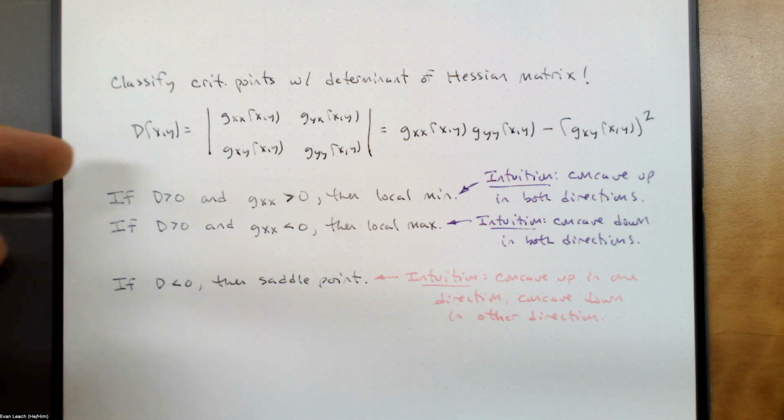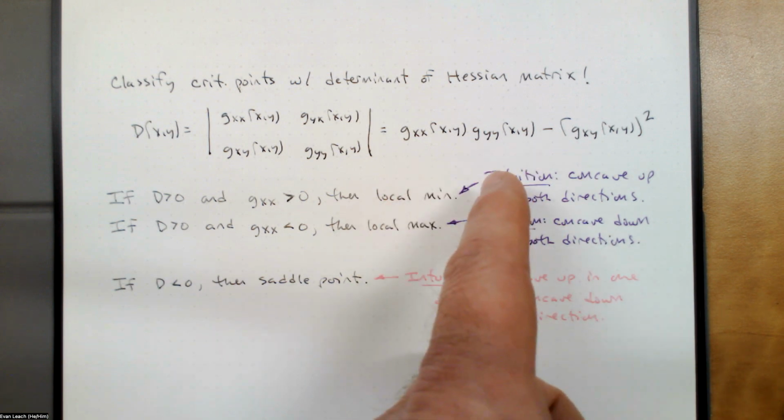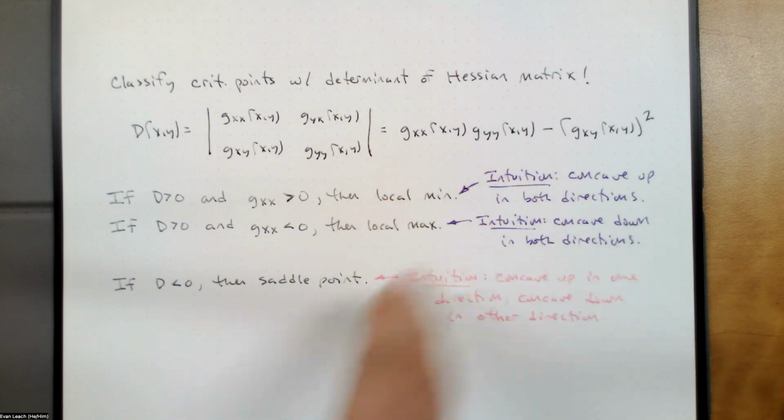So when this D function is positive, look at how it's constructed. I'm multiplying gxx by gyy, and then I'm subtracting the square of gxy. I'm subtracting something that I know is going to be positive. If I end up with a positive number after doing all that, it tells us that gxx and gyy must have the same sign.